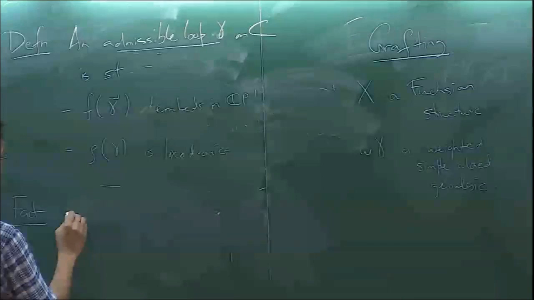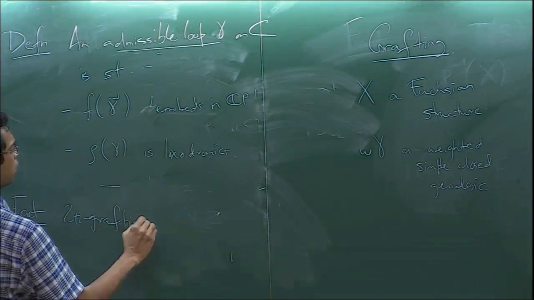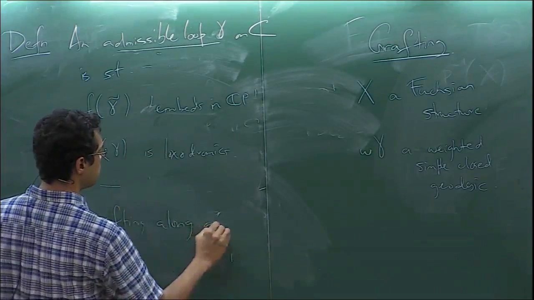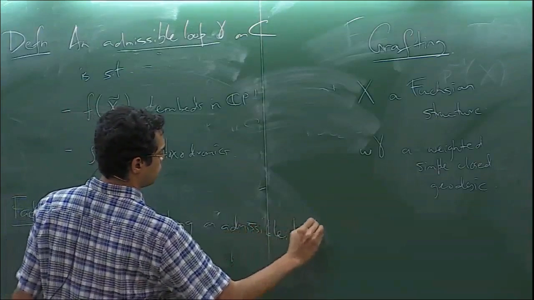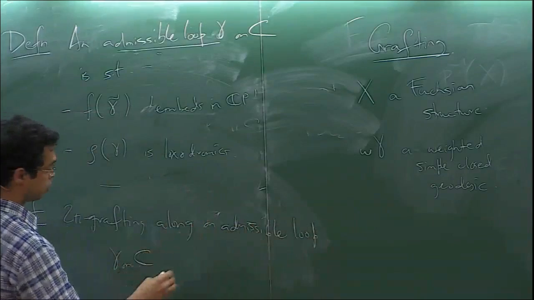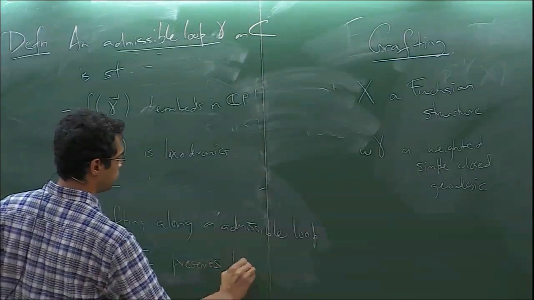So this observation leads you to the more general fact that if you do this 2 pi grafting, grafting with weight 2 pi along an admissible loop gamma on C, you don't change the holonomy. So it preserves the holonomy of the projective structure.